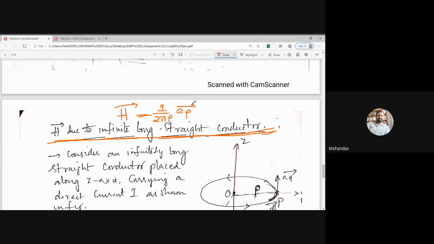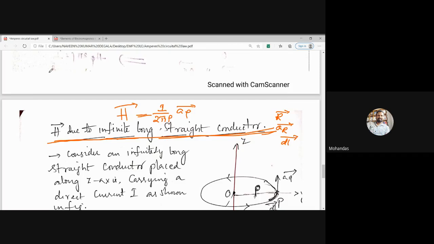For that, we calculated the distance vector, the position vectors of source point and field point, the unit vector aR, and also dL. After that, we substituted all those things in the Biot-Savart law.